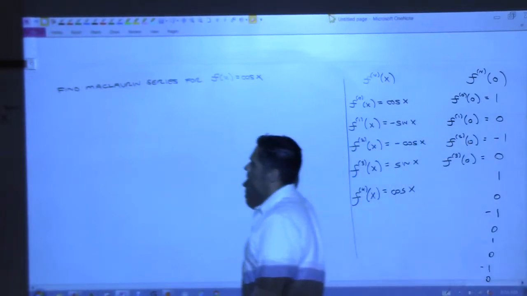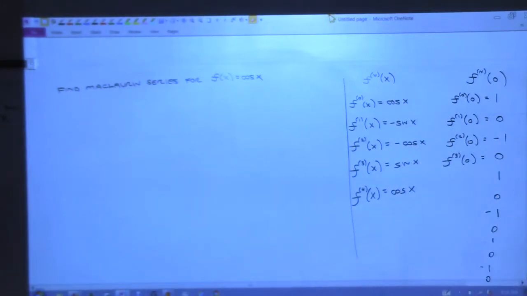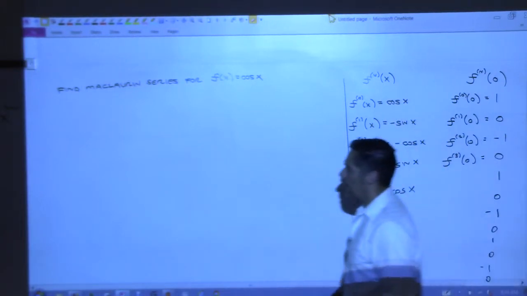So let's do our Maclaurin series now. I'll put the Maclaurin over here just so we have it. Maclaurin looks like this: sum n equals 0 to infinity, nth derivative at 0 over n factorial, x to the n. So let's start with n as 0.